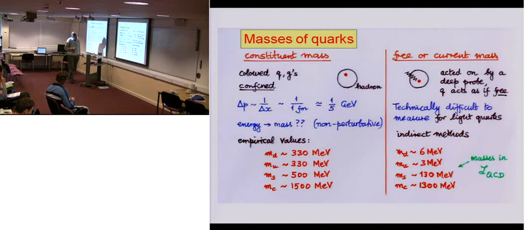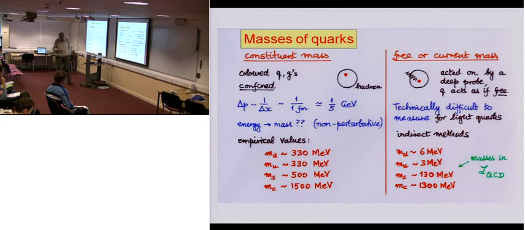Now that momentum is giving you an energy which is giving you a mass. So this is a constituent mass of these quarks inside, say, a proton. Now a proton's got 3 quarks inside, and if we give those quarks a mass of something like 330, we can reproduce the masses of the known hadrons.